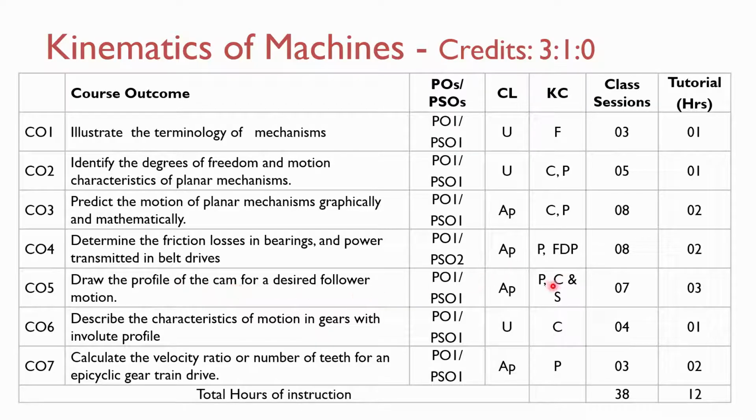As you can see, this is how a course finally is designed, and it is presented in a tabular column giving the course outcomes number, then actual course outcome statements, and then POs and PSOs addressed, cognitive level, knowledge categories, classroom sessions, and because in this case you have tutorial sessions, you also represent the number of hours that are used.